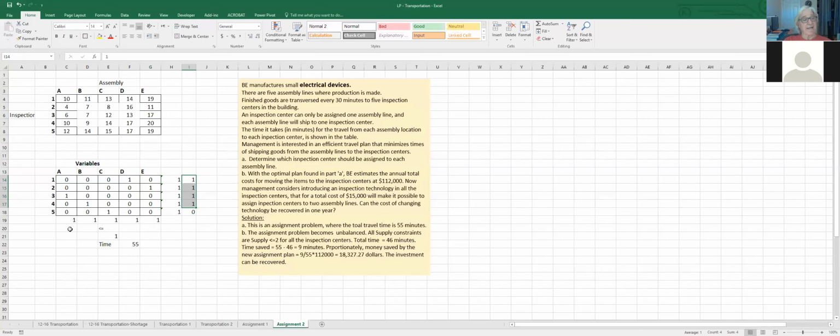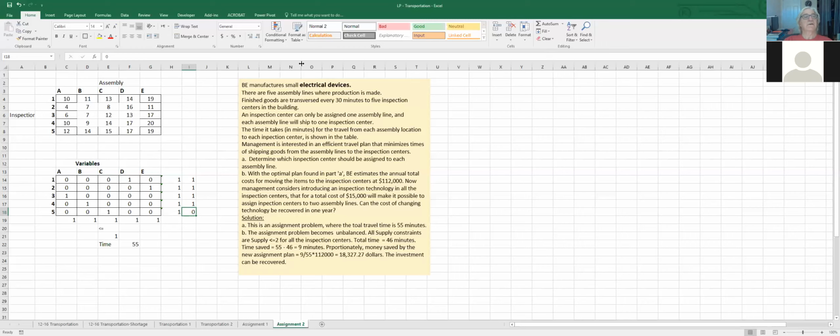But I will allow one of the assembly lines to be equal to 0, so I'll write less than or equal to 1. So I know that exactly 4 of the 5 will be equal to 1 because I have exactly 4 inspection centers. So these are the changes. And it will tell me which one of the assembly lines I have to shut down.